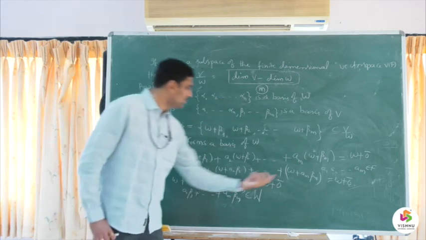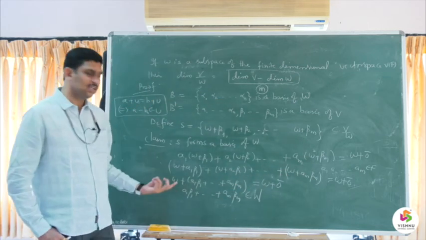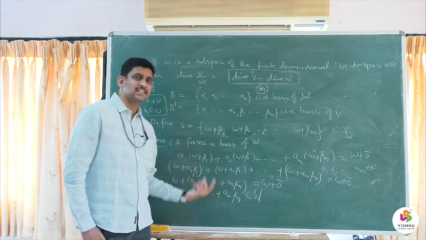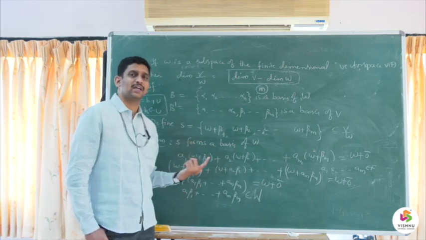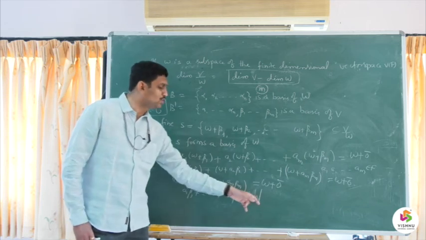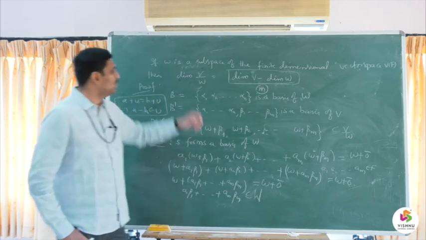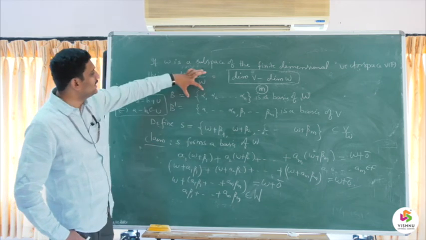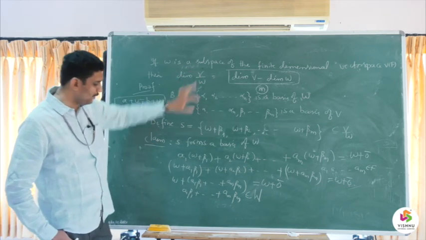Please understand. If you simplify the entire expression, it is nothing but a single vector, and this single vector belongs to where? It belongs to W. So, you can write this vector as a linear combination of the basis of W.